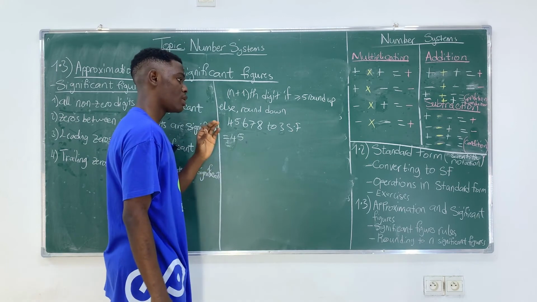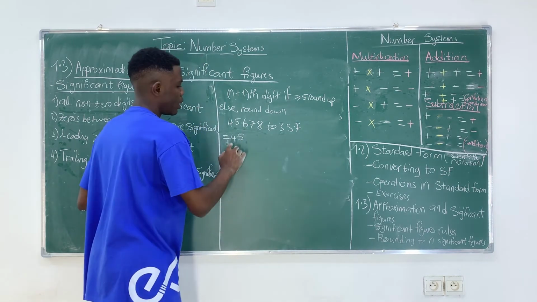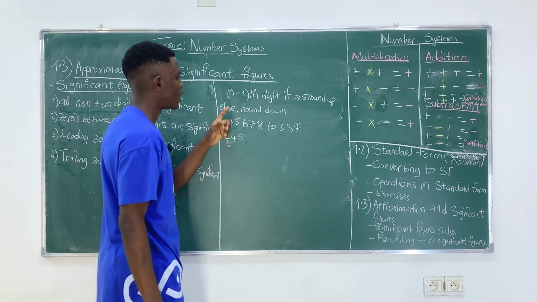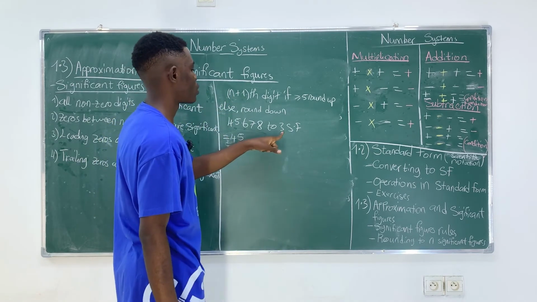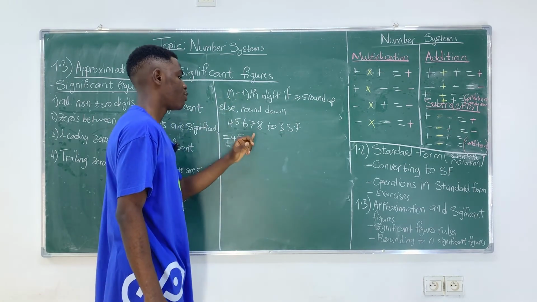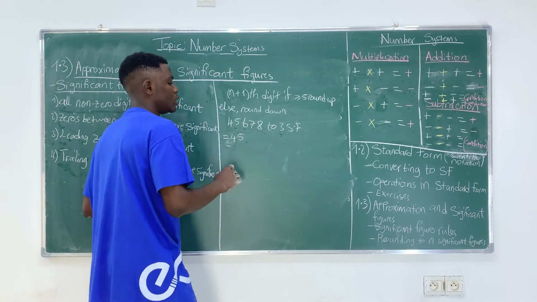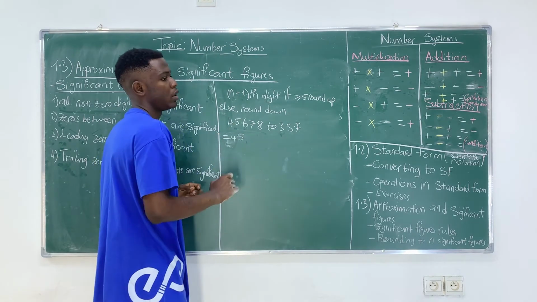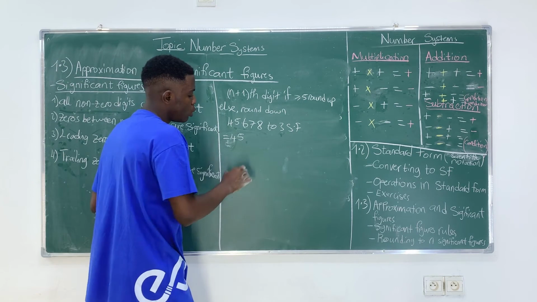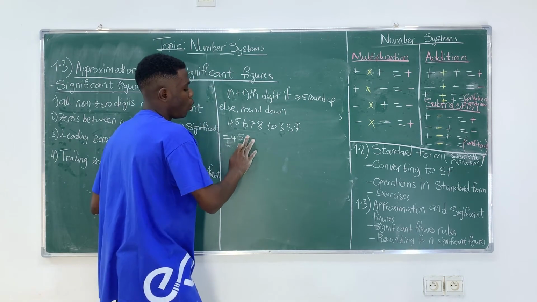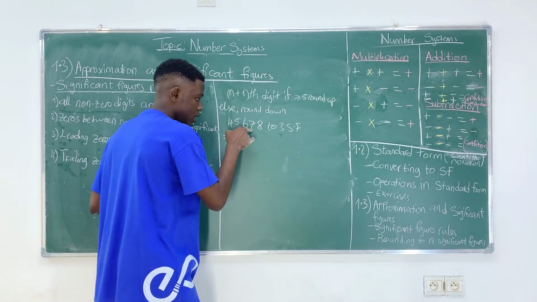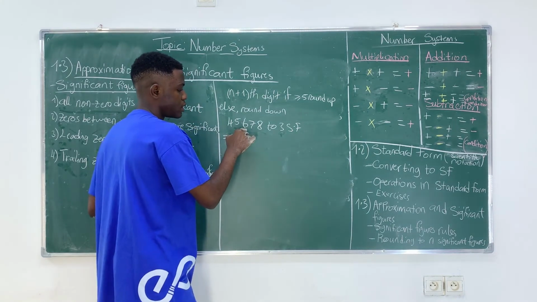So if I want to put it to 3 significant figures, I'll write the first 3. But before writing the third one, I'll look at the n plus 1 term. Since our n here is 3, n plus 1 term means the 4th term. I'll look at the number after the 6. Why after 6? Because 6 is my third. To know whether I will write 6 or I'll write 7, I will look at the next number.